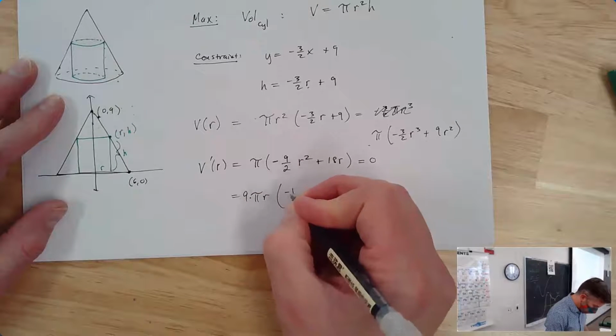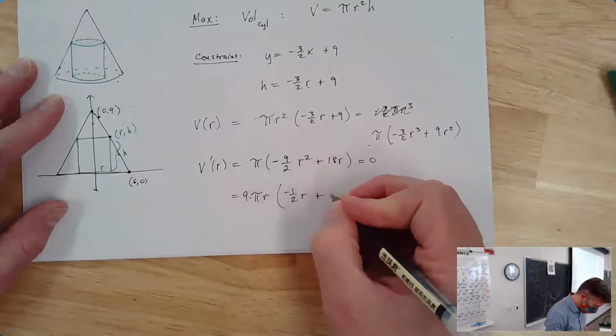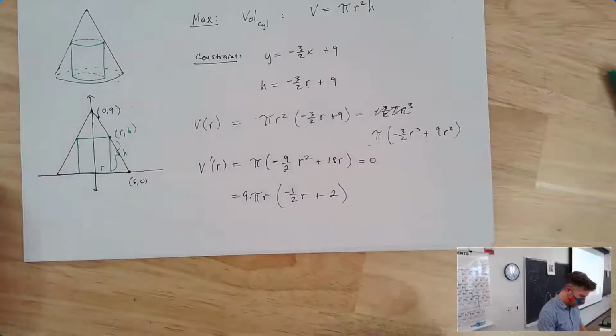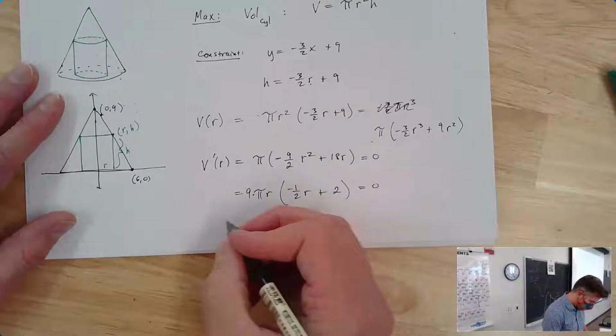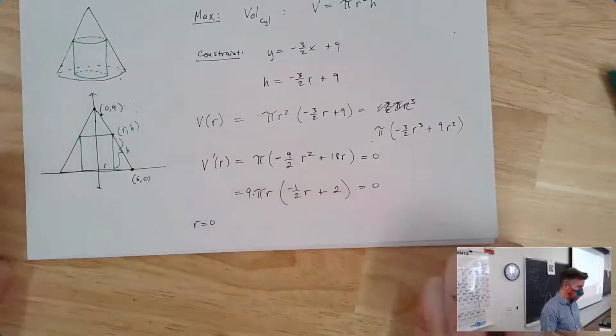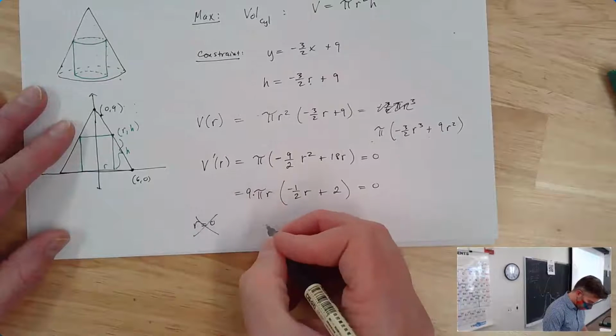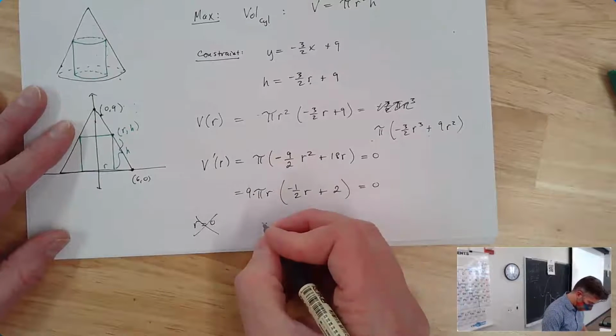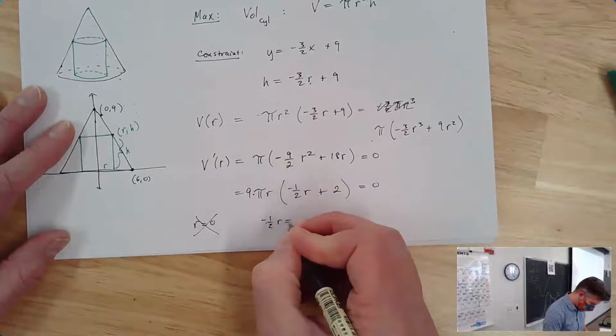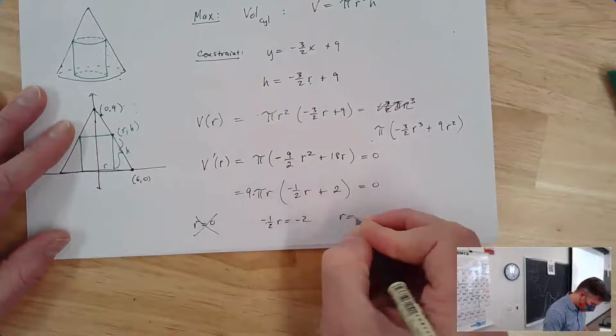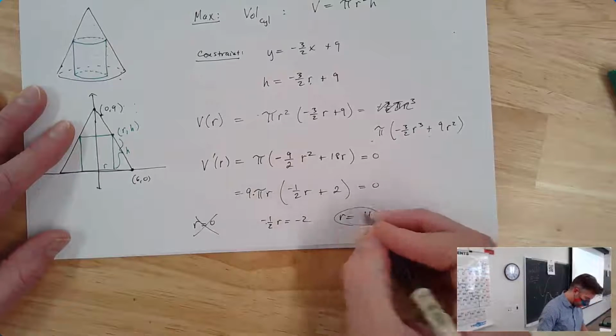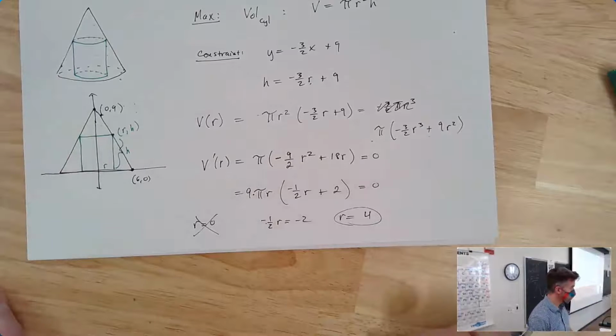I'm left with a -1/2 r plus 2. Okay, that seems not terrible. Then either r could equal 0, which we know is not what we want, or r is going to be 4. That seems like a much more reasonable answer.